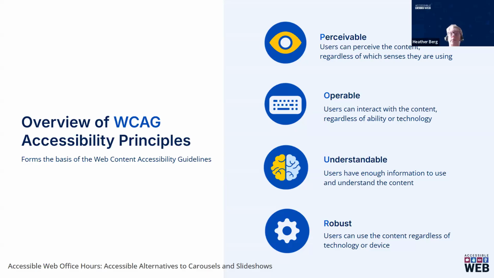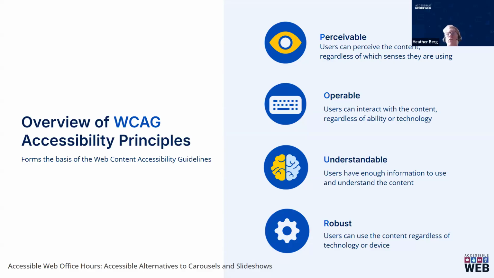So P stands for perceivable. This just means that users can perceive the content is present regardless of what sense they're using. So you need to be able to see it, hear it, or touch it. Operable. This means that users can interact with the content regardless of ability or technology using their input device or method of choice. Understandable.